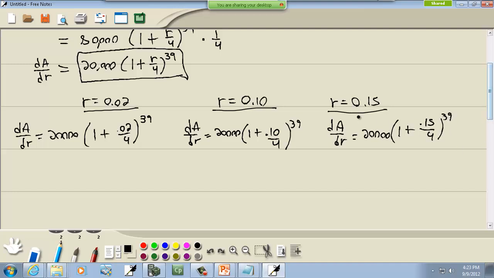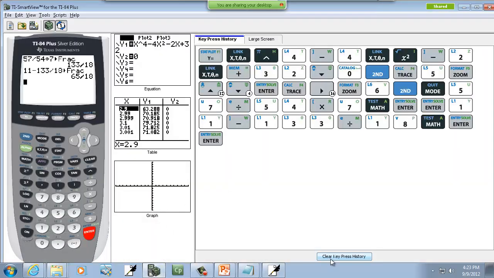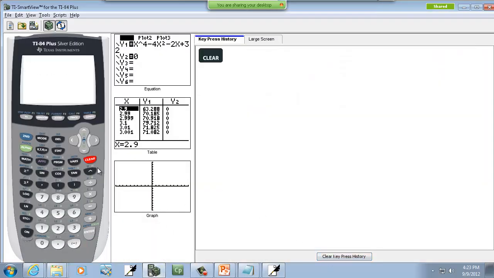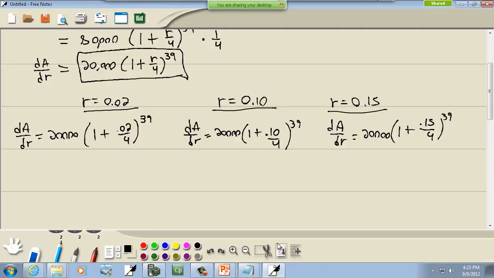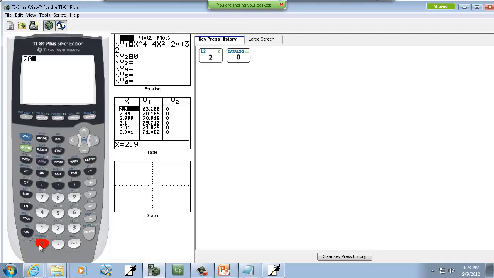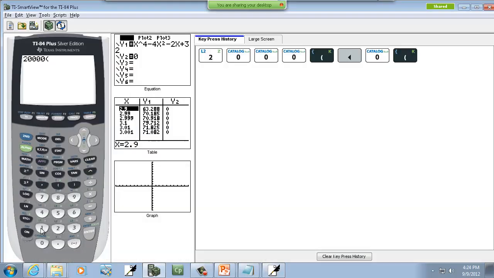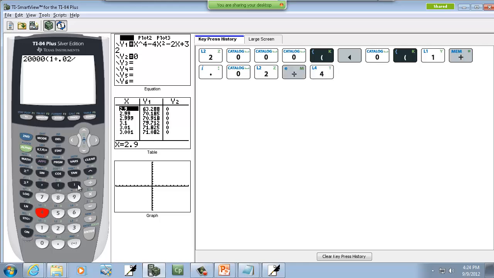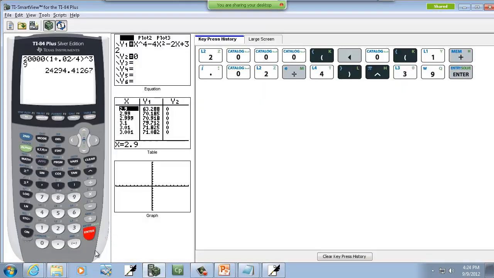Okay, to do this on our calculator, I type in 20,000 to begin with, then a beginning parentheses, 1 plus 0.02 divided by 4, closing parentheses, caret 39. That should be my first one. Then enter. I get this.